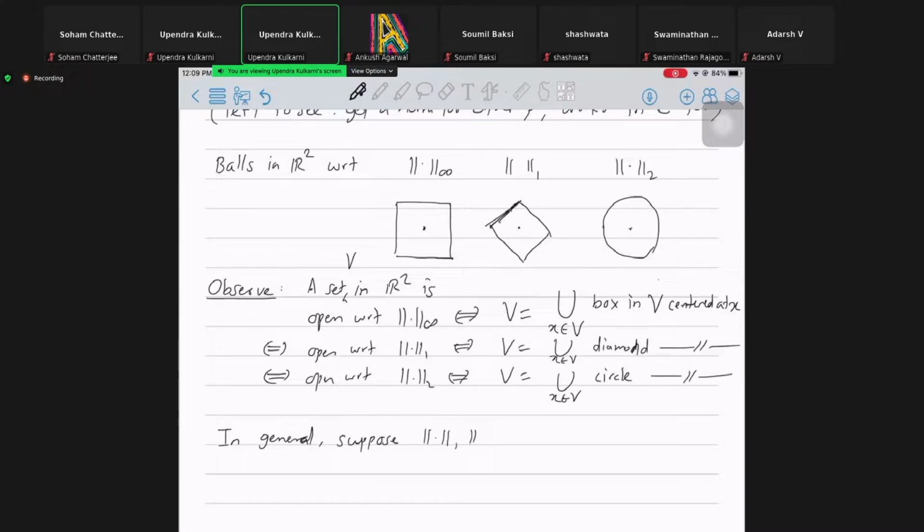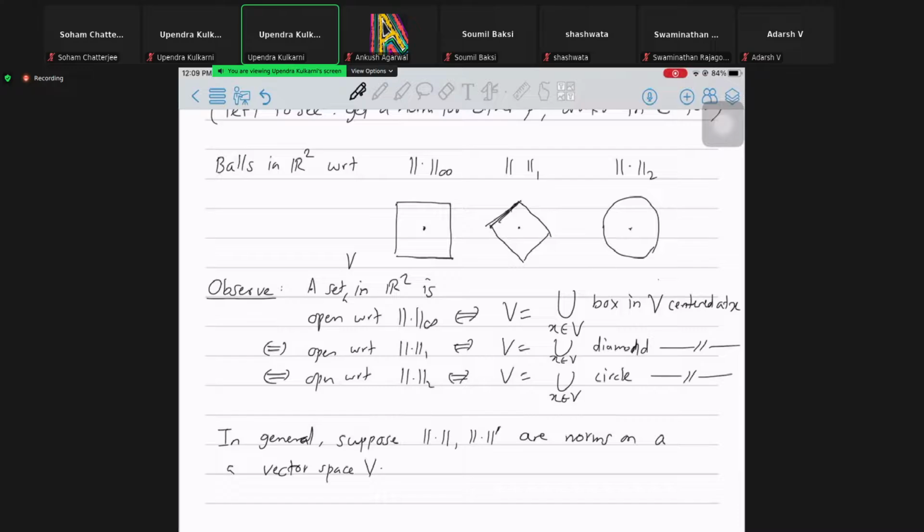The notation gets a little messy here, because for norms I'm using these double absolute value signs, but I have to have two different norms, so I'm using a prime.